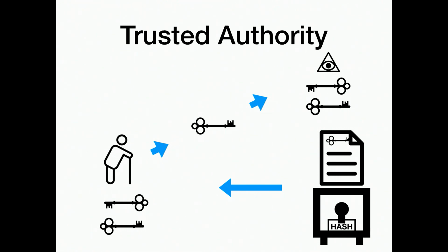I might put some other identifiers in it, like their email address, what the keys are used for, and how it's encrypted, but it doesn't really matter, it's just a document. But how do I create a document so that somebody else can't spoof it? They take their private key, run a hash of that document, and encrypt that hash. Anybody that has the public key for that certificate authority can now verify that it was signed by the Illuminati.